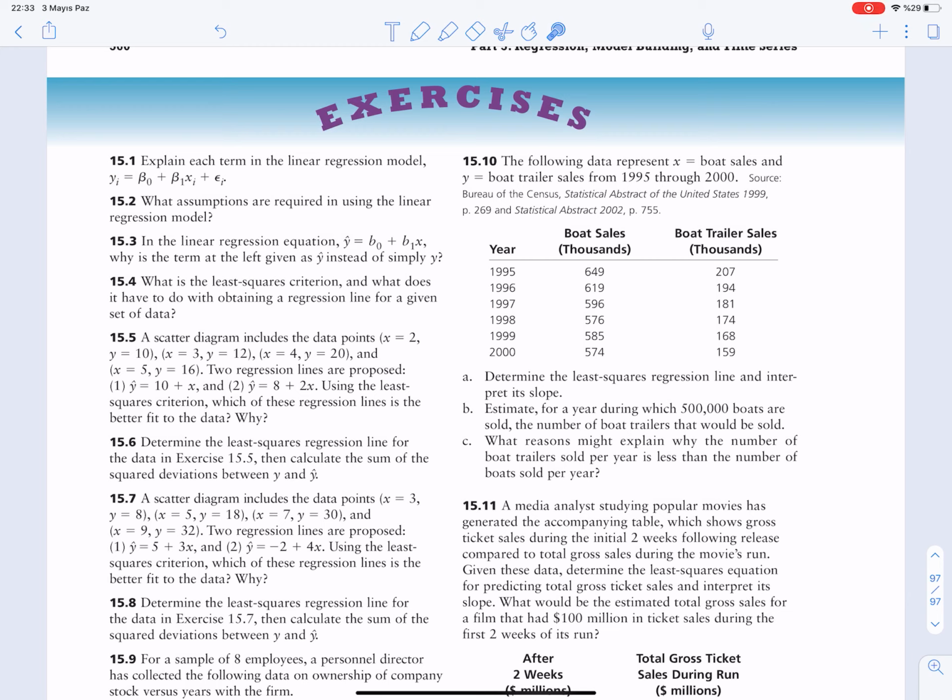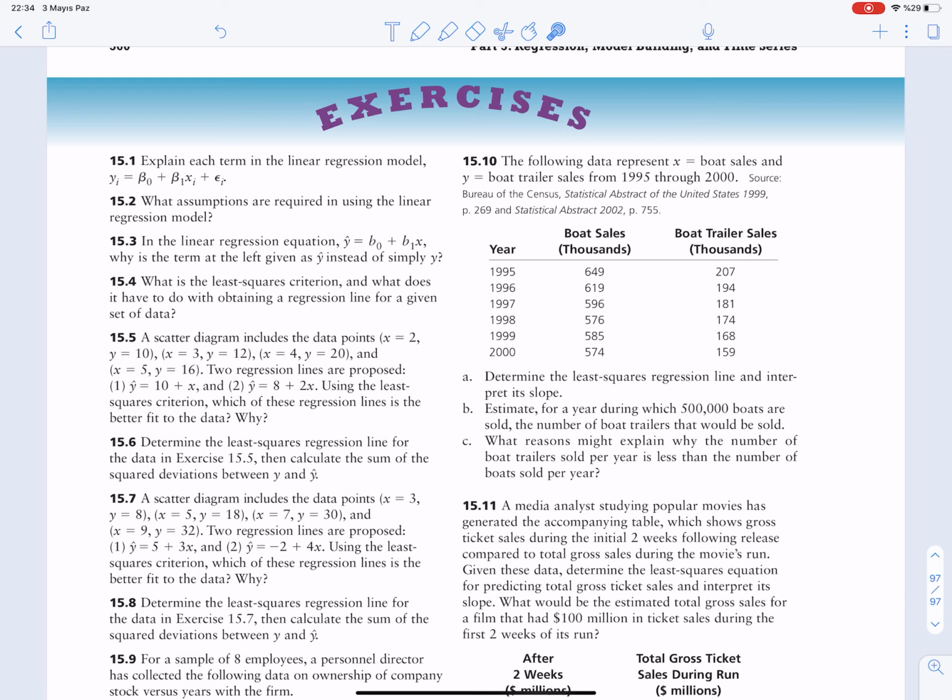Yi is the value of the dependent variable, the ith value of the dependent variable. Beta null is the intercept, the parameter intercept, or the constant term.